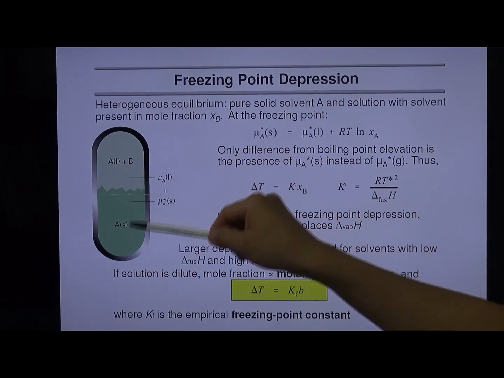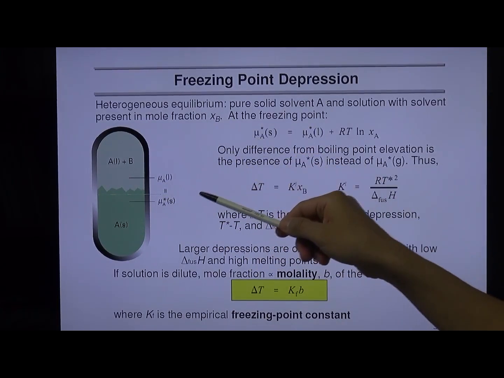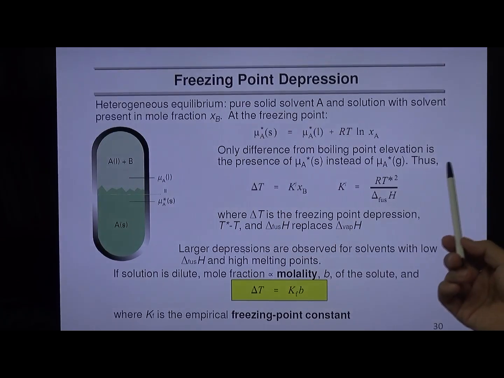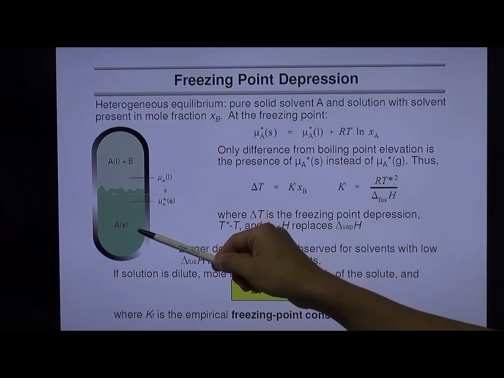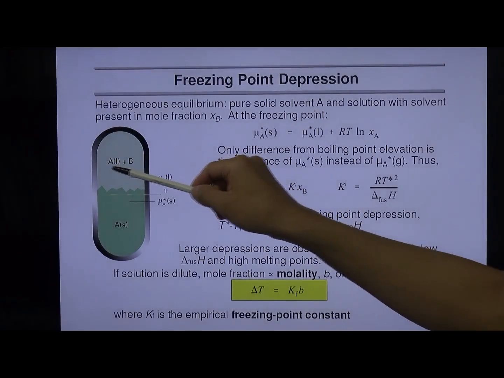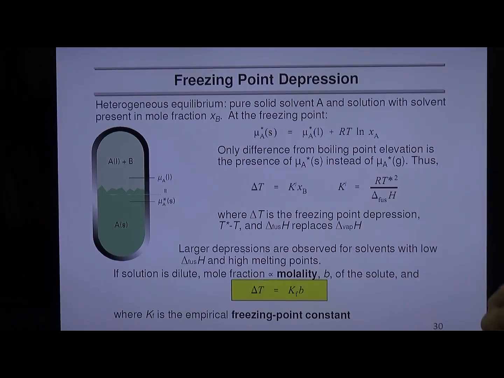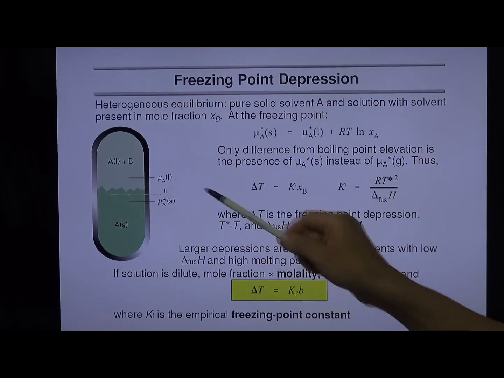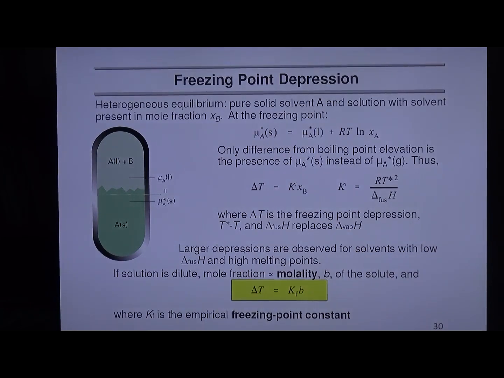Then we will have solid A. As you remember, one important assumption dealing with colligative properties was that A is the only solid, B does not freeze as solid solvent. So here A plus B, here A. And at equilibrium, the chemical potential of liquid A should be the same as the chemical potential of solid A in pure form.